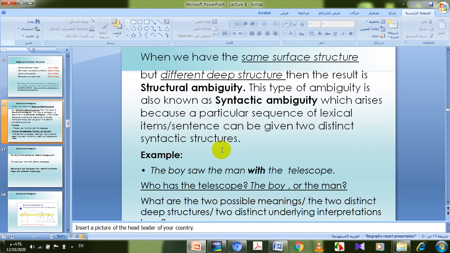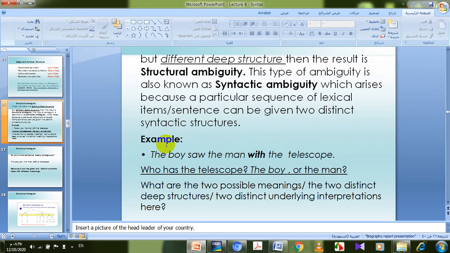Okay, like what? Like this one, for example. The boy saw the man with a telescope. This sentence can have more than one syntactic structure.